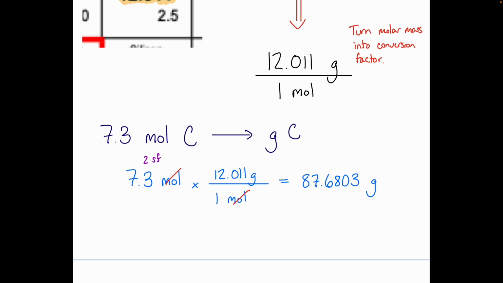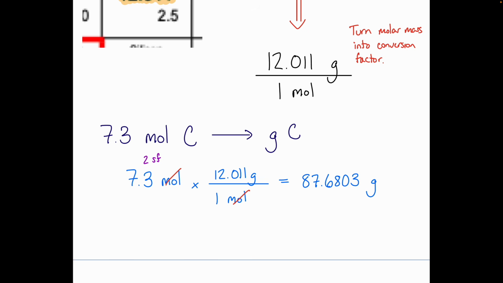So I'm going to make y'all a deal. As long as you always use every digit from the periodic table, we can pretend like these molar masses are exact. For the purposes of our sig figs, just to make our lives a lot easier, we're going to pretend like molar masses are exact and won't be limiting our sig figs.